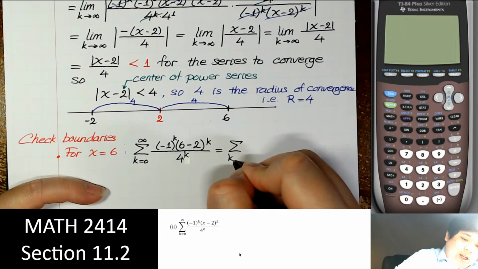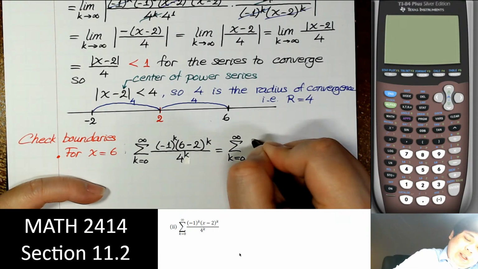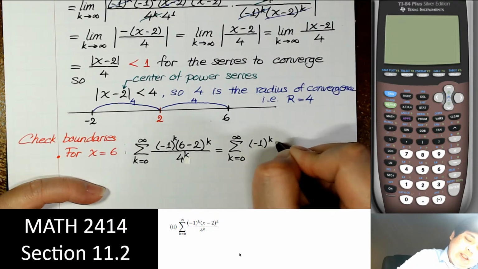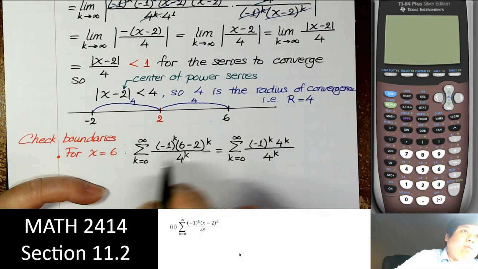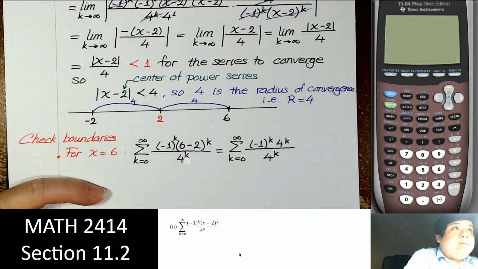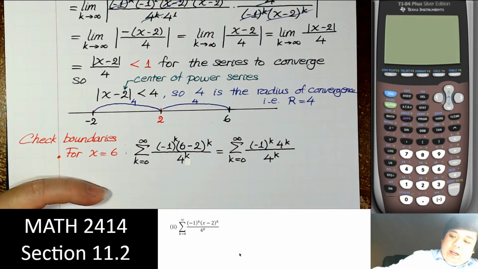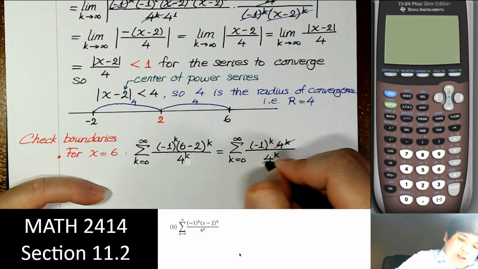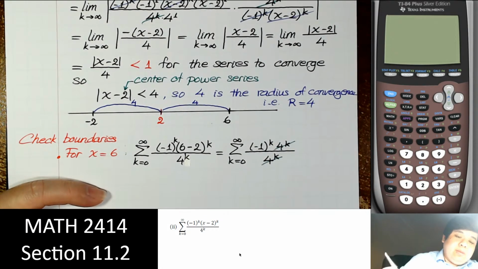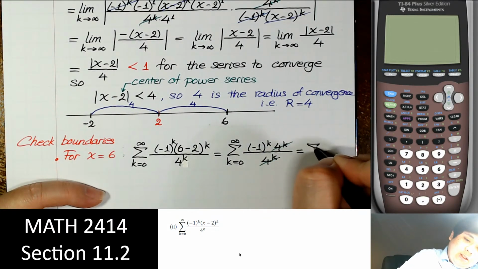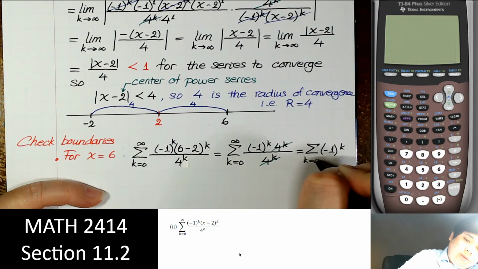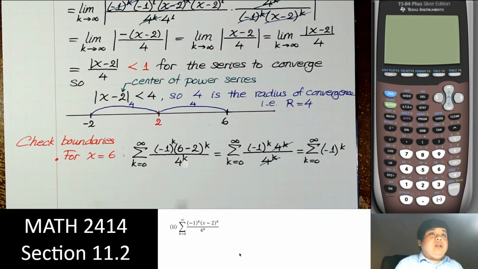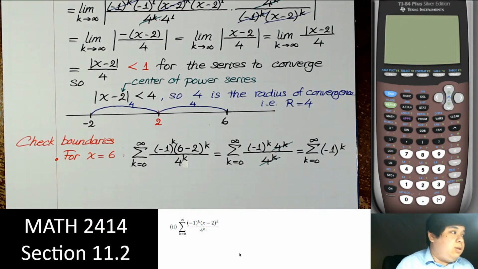Right, so this is the sum from k equal to 0, negative 1 to the k, and that is over 4 to the k. Right, 6 minus 2 is 4, and then in this case we cancel out, and it is just this. Right. And my question is, is this one convergent or divergent?